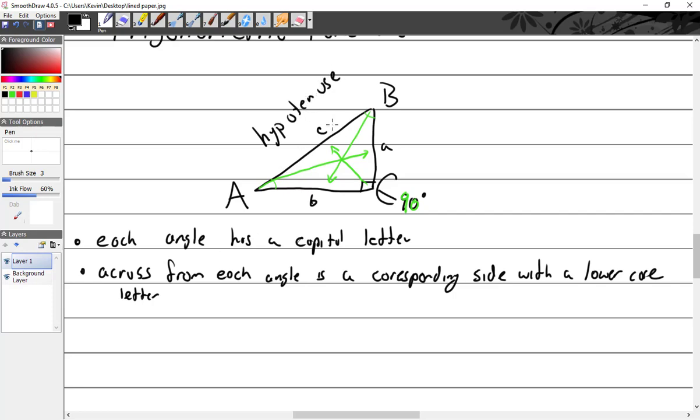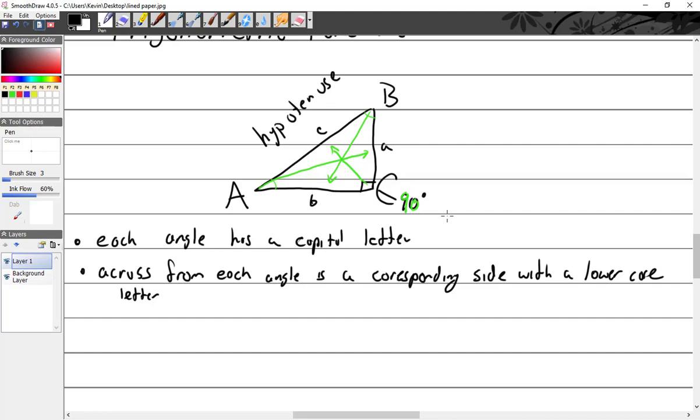Hypotenuse. So this is the hypotenuse, the side that's away from the 90 degrees. A is sometimes referred to as the opposite. So for reference from A, that's the opposite. This is the adjacent. This is the hypotenuse. If I'm looking at B, this is the adjacent. This is the opposite. And this is still the hypotenuse. So adjacent means next to, opposite means across from, and the hypotenuse is just the hypotenuse.